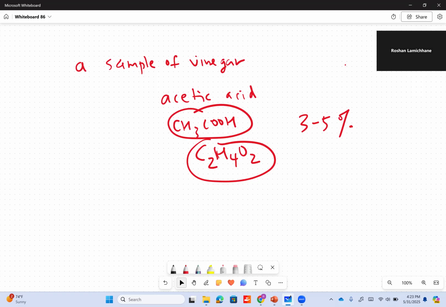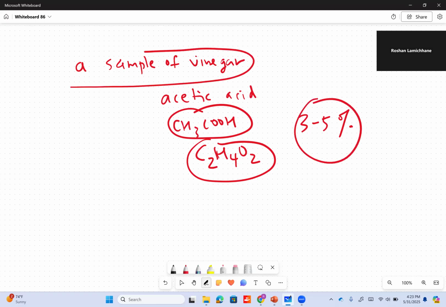And how were you able to figure that out? In the lab, you were given a sample of vinegar and you did something called the titration technique. After doing some calculations, you were able to figure out the mass percent of acetic acid in your vinegar sample.